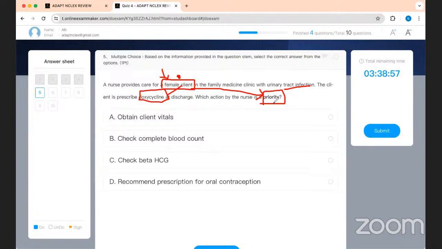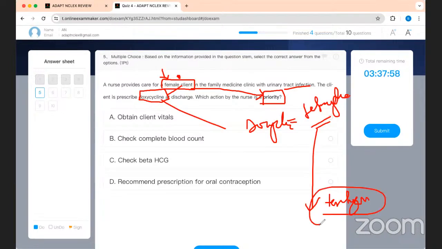You should not let that go. What would be your answer? Do you check their vitals? Check their CBC? Check their beta hCG? Or recommend a prescription for oral contraception? Who knows this answer? With female clients, you have to be careful.